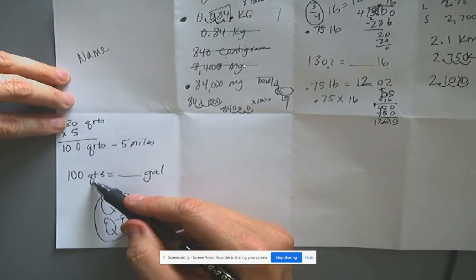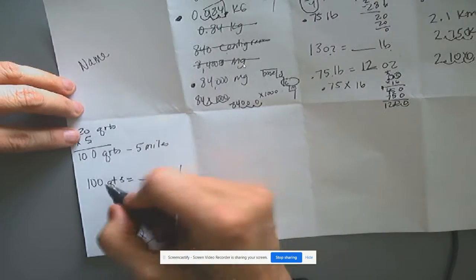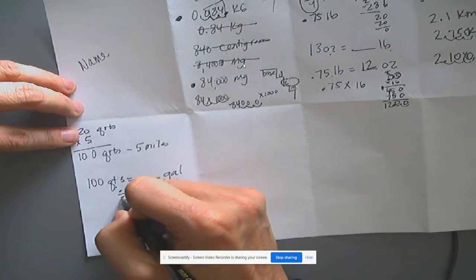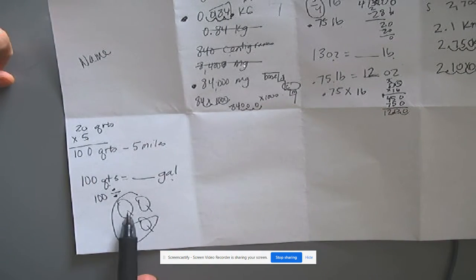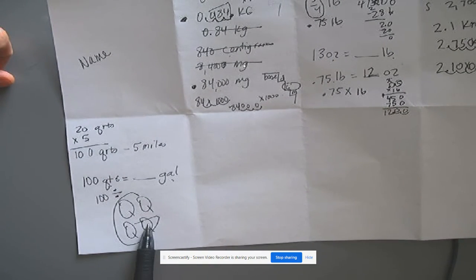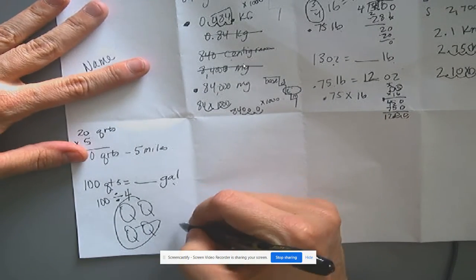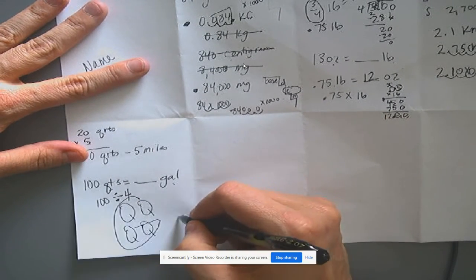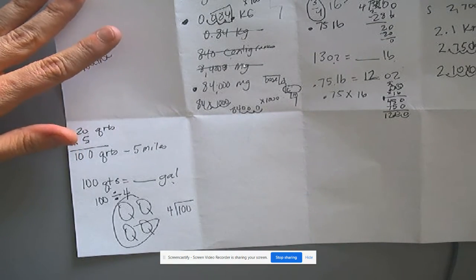Well, we're going small to large, so fly to horse, divide, of course, right? So we're going to divide 100 divided by, well, how many quarts are in a gallon? There's 4 quarts in a gallon. So now to find out what that is, we do 100 divided by 4.